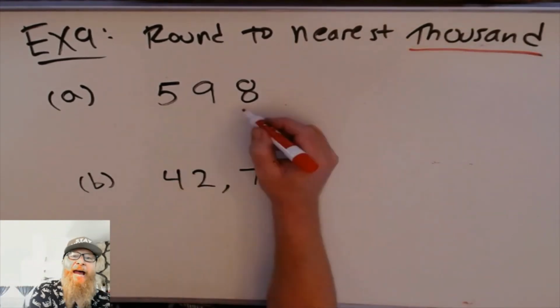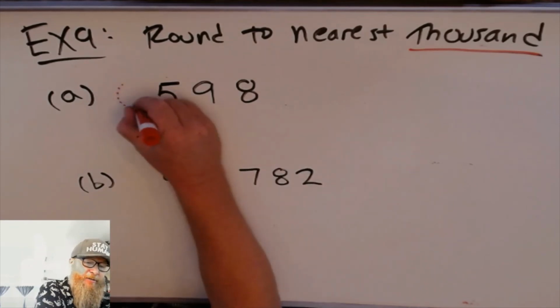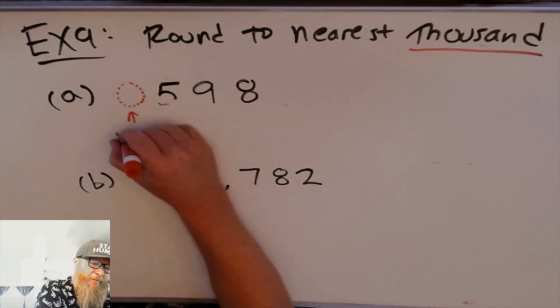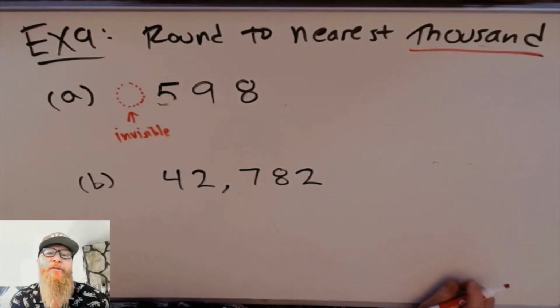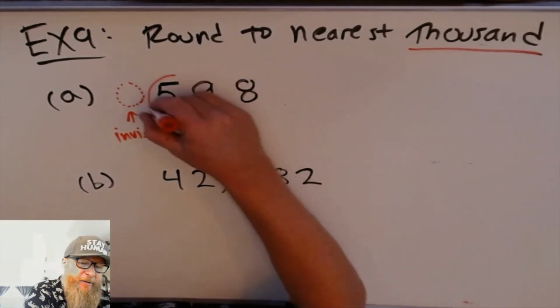So this doesn't have a thousands place, so that means there's an invisible 0 here. And I got no thousands. So the dictator is the 5.